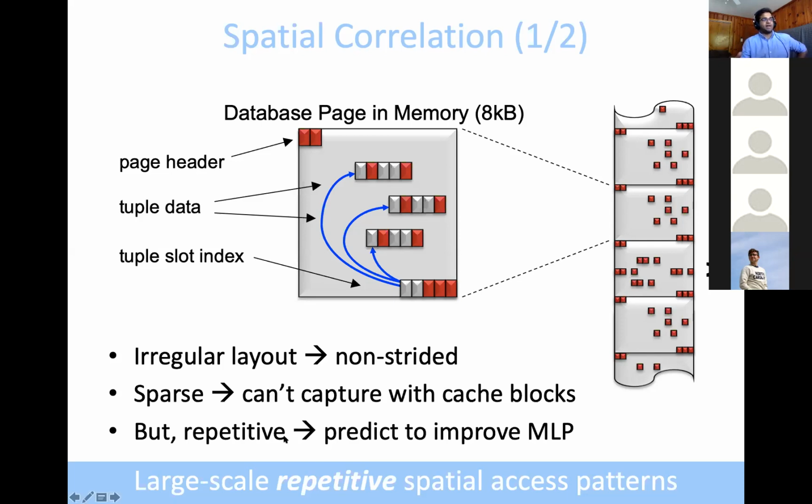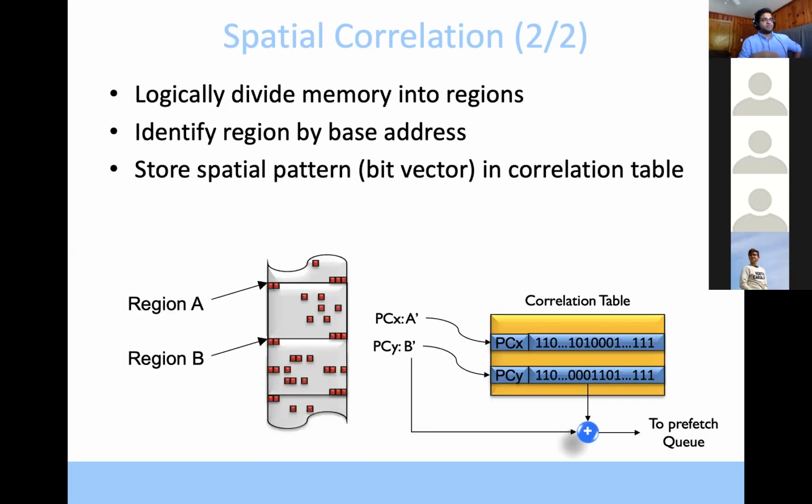But there's still a pattern here, which is that the accesses within a page tend to be repetitive. If you're doing a certain computation, you typically access those particular columns each time. So that's the way you build the spatial correlation table.